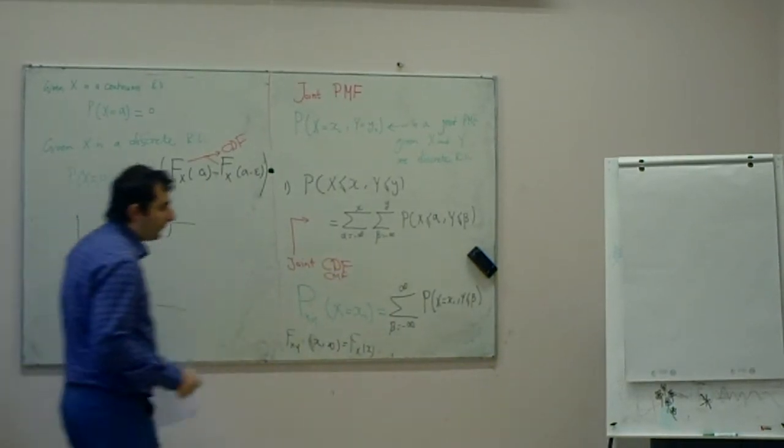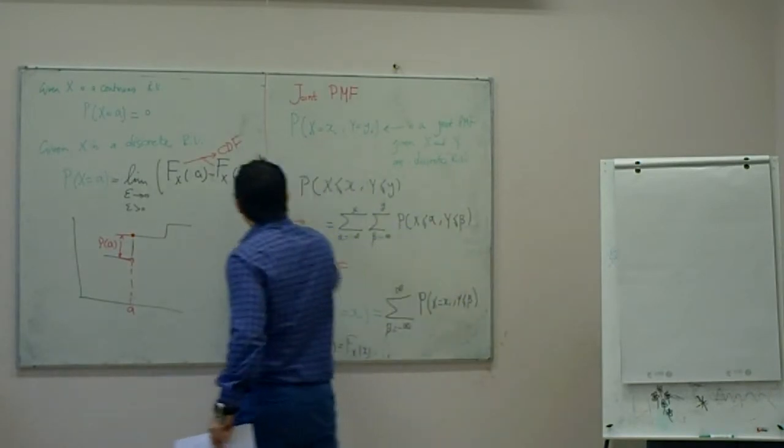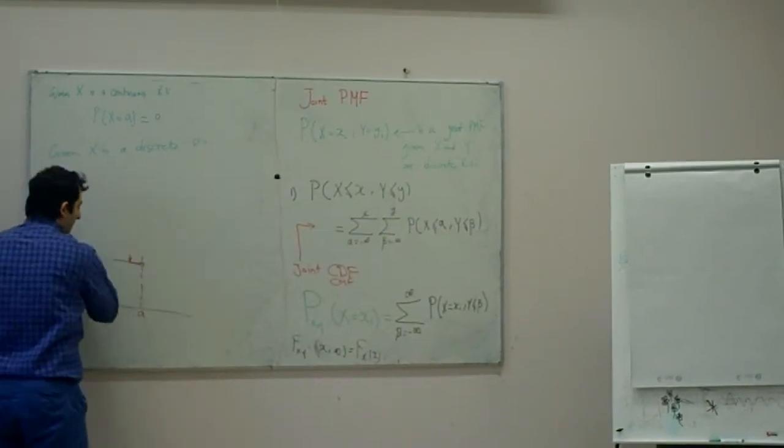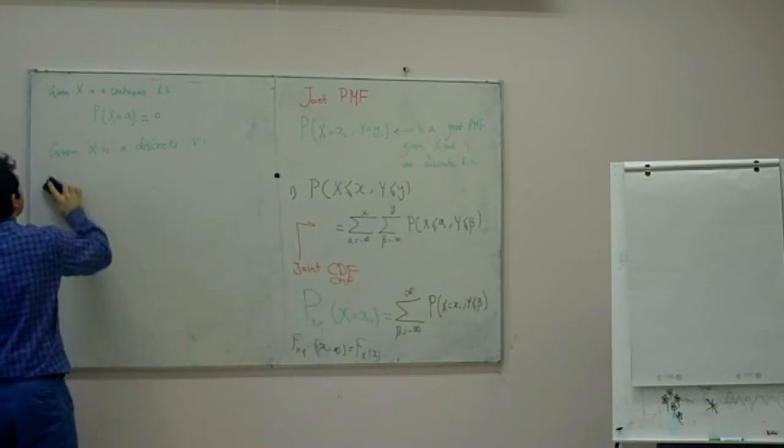Now we have to write down how the Bayes rule looks like, and then we can do an example.